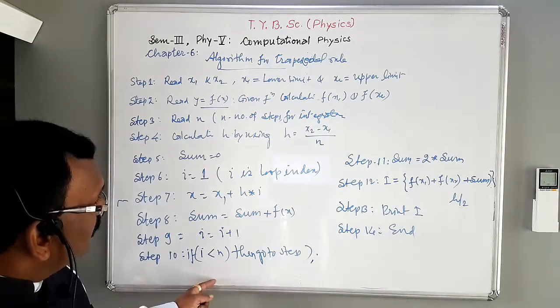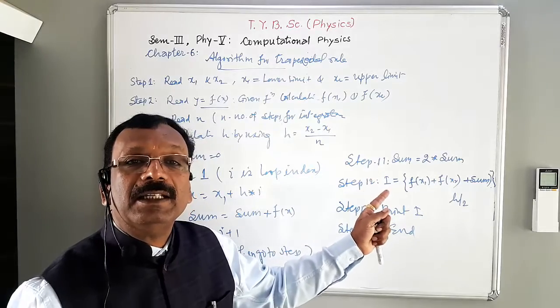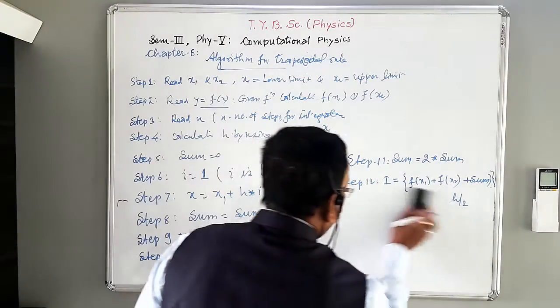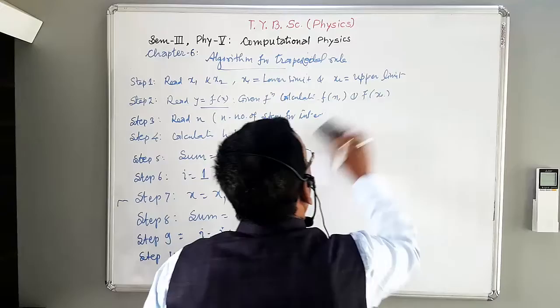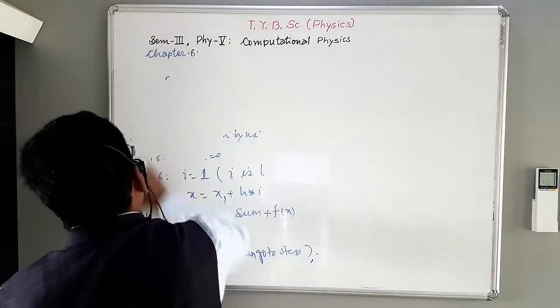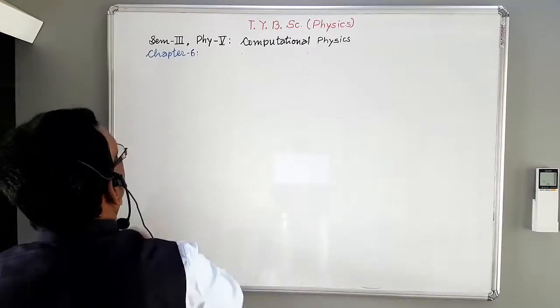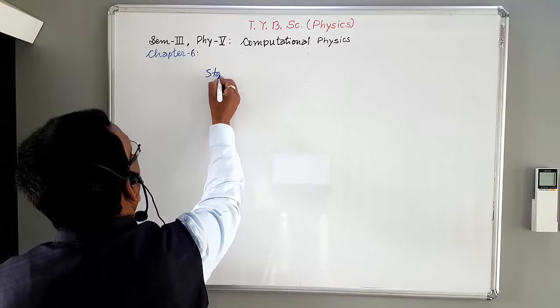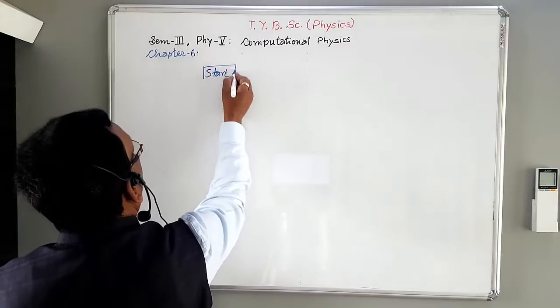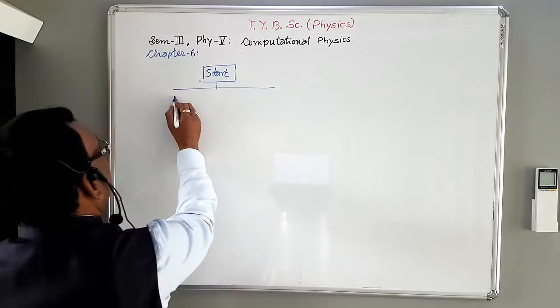So all the steps should be graphically represented in the flowchart. So every step can be picturized or graphically represented like this. So the first step is start, then read.